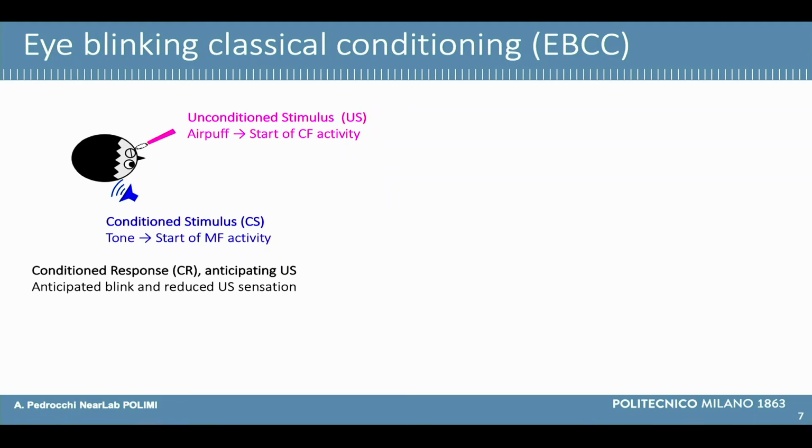So the cerebellum learns the timing association and uses it to predict the conditioned response. In the model, we need the tone to enter the mossy fibers, while the air puff is the unconditioned stimulus going to the inferior olive and then conveyed through the climbing fibers to the Purkinje cells. The output, which activates the eyelid closure, is provided by the DCN.